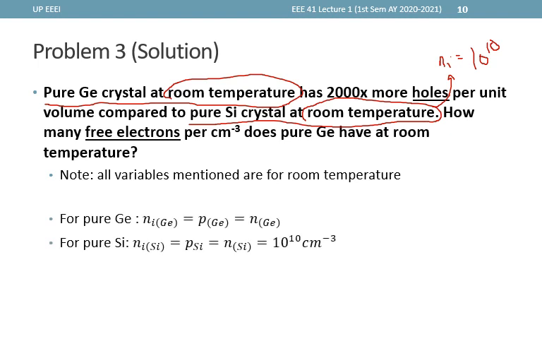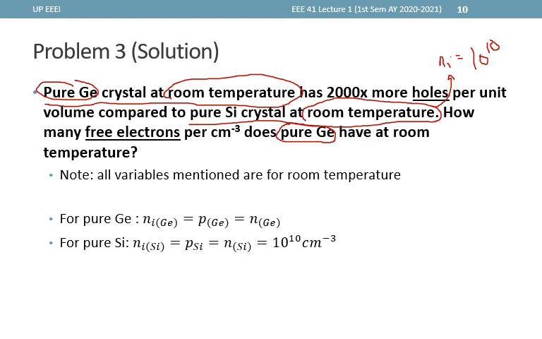Next, since we are given a pure germanium, and we are being asked about this pure germanium, for a pure germanium we also have N is equal to P is equal to Ni, but we'll just add this subscript to denote germanium.